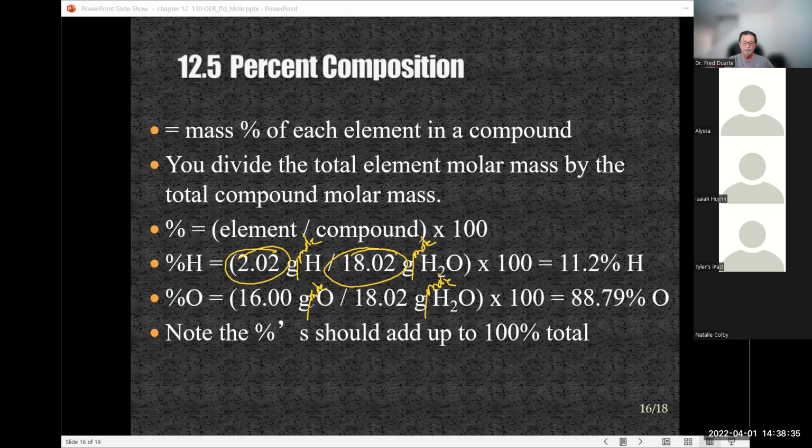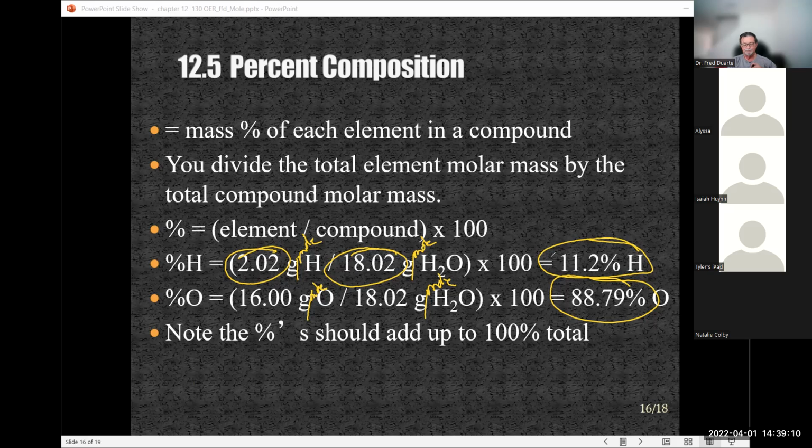So 2.02 divided by 18.02 times 100 says hydrogen represents 11.2%, okay? We do the same for the oxygen, and it is 88.79% oxygen, which should tally up to a total of 100%. It might vary at 99.99, but if you're at something like 60%, something went wrong, obviously, right?